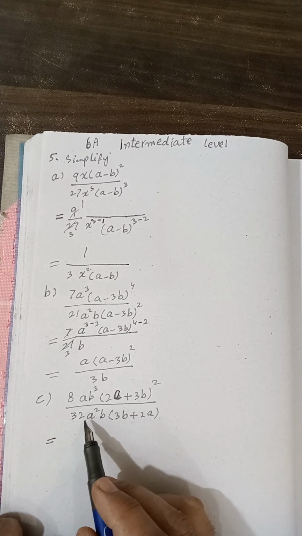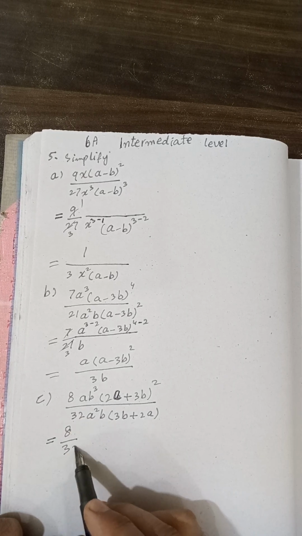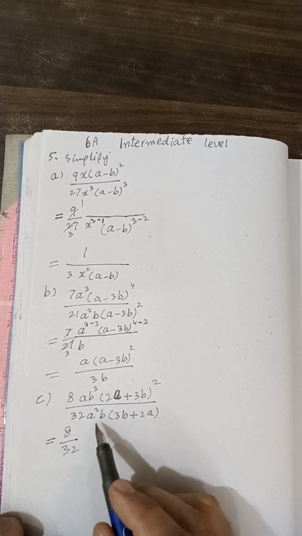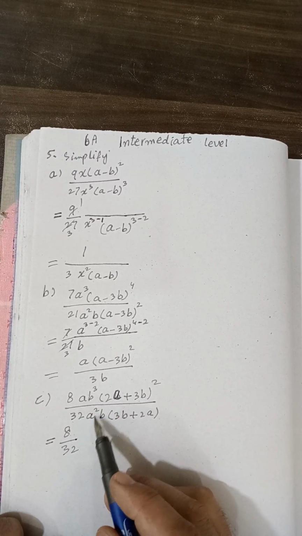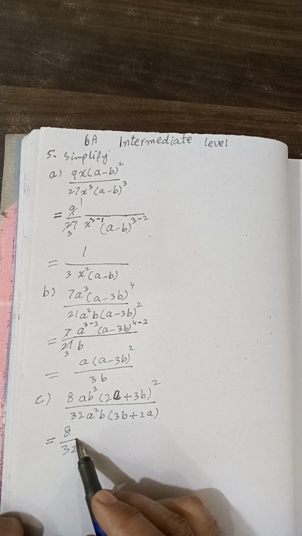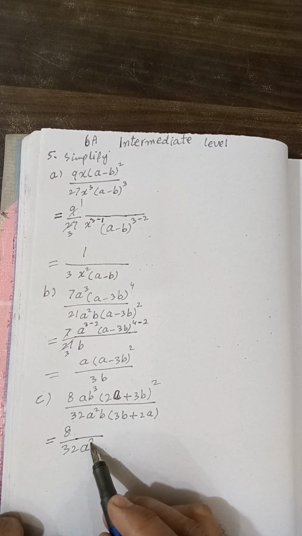Now see here, 8 over 32, these are the numbers, and then there is a in the denominator with greater degree, so you will write a square.